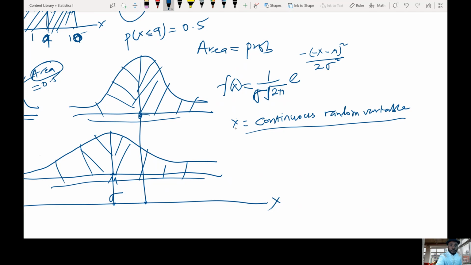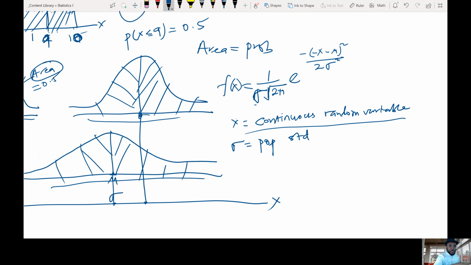And sigma is the population standard deviation. Now, what is the sample standard deviation?